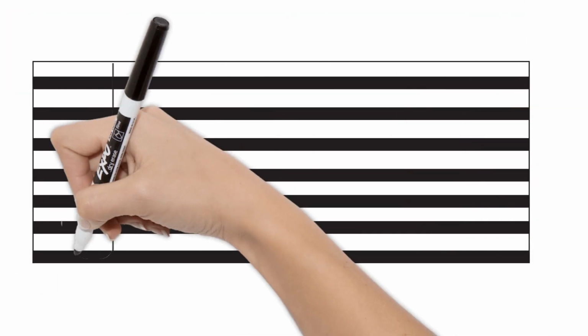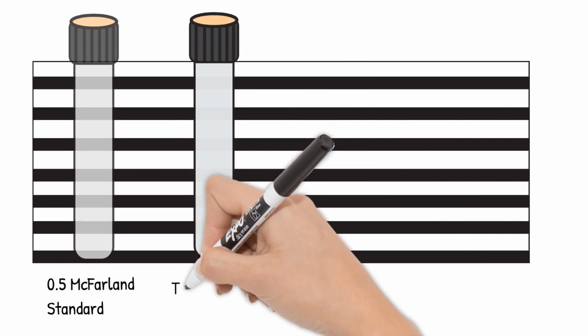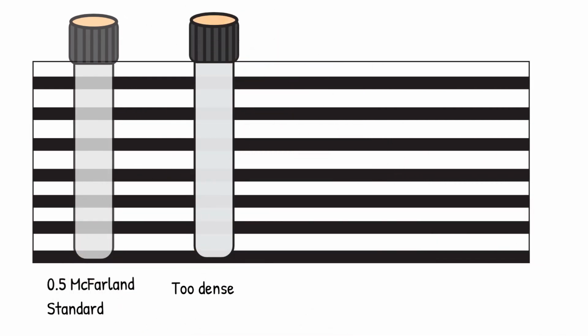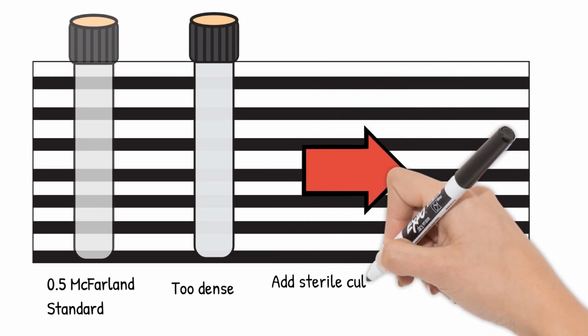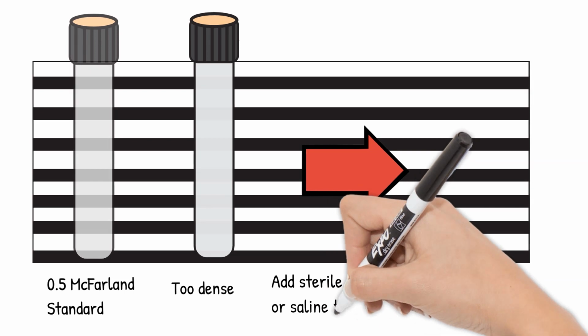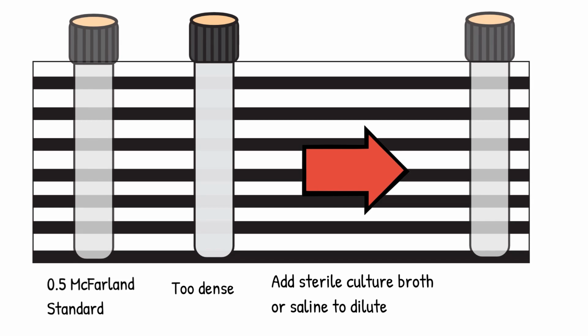If the suspension is too dense, it would be more difficult to see the lines through the bacteria suspension than through the 0.5 McFarland standard. In this case, you can add sterile culture broth or saline to dilute the bacteria suspension until the turbidity is at the same level.